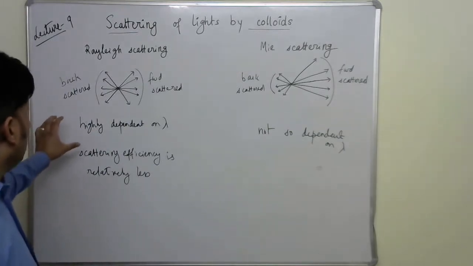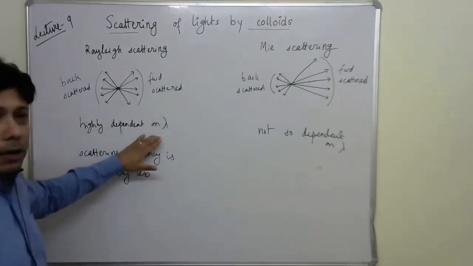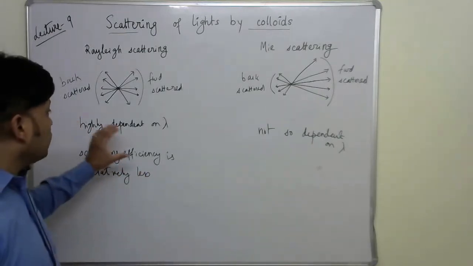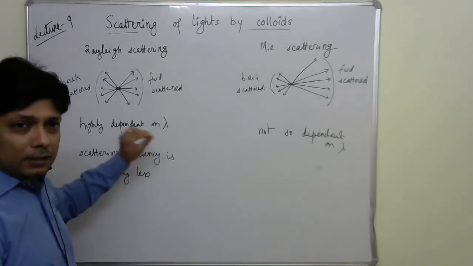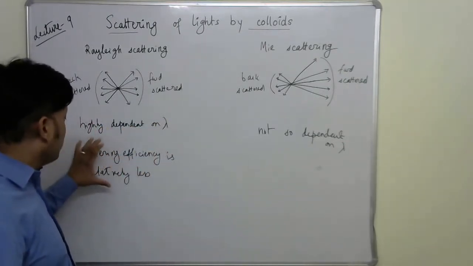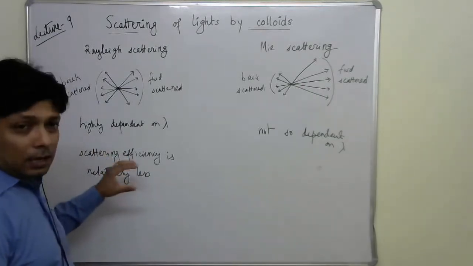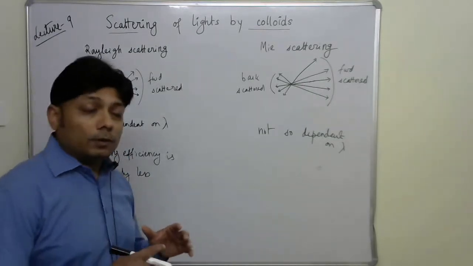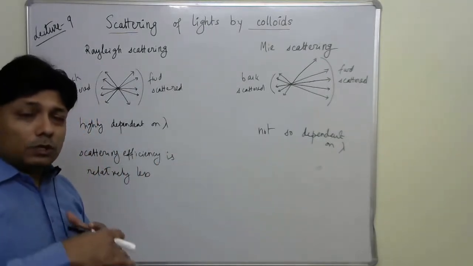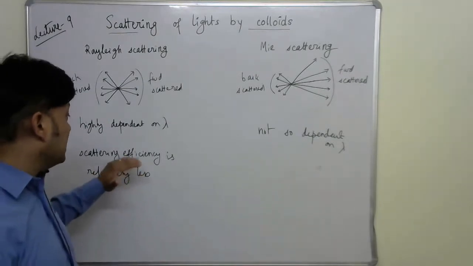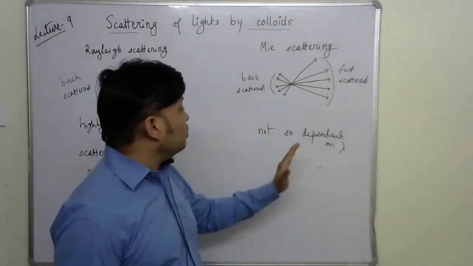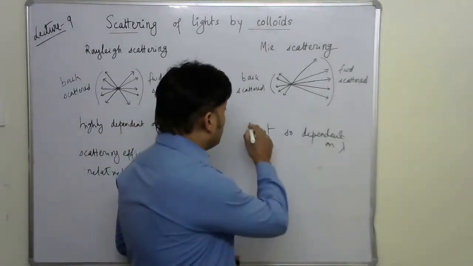Another important thing is that Rayleigh scattering is highly dependent on lambda, as we have seen. That means from white light it will scatter the blue light more and red light least. So the scattering efficiency is relatively less, if we consider the total scattering with respect to the incident white light, because it is selective on lambda. As opposed to that, Mie scattering is not so dependent on lambda.